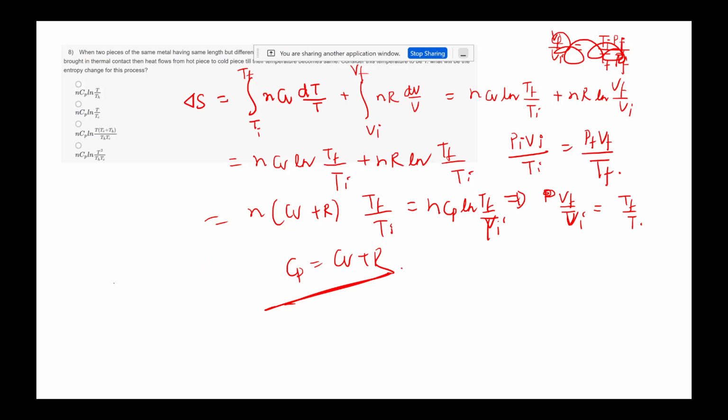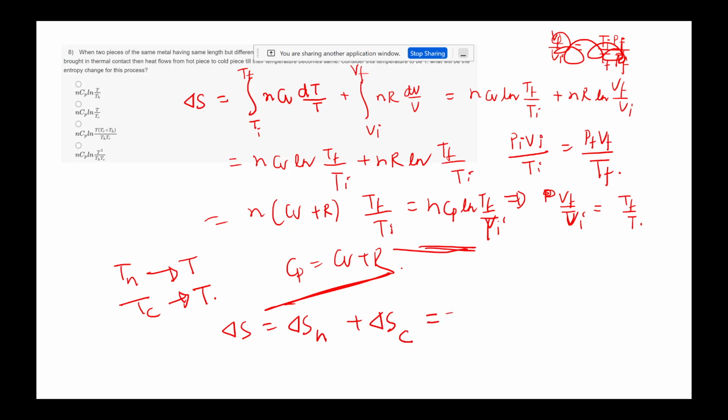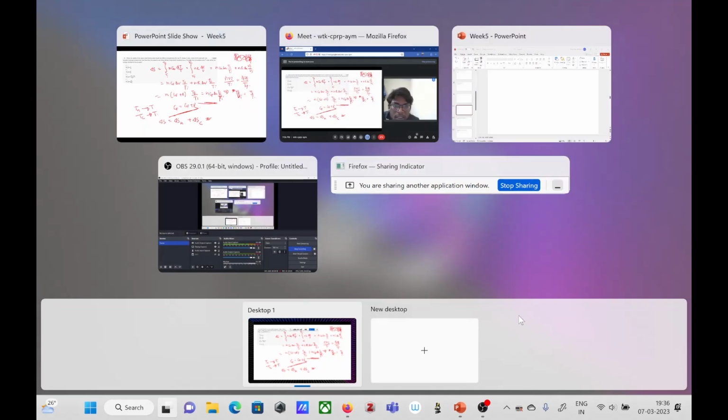One is hot, so TH to T, and TC to T. So these whole expressions will be for two things. So then delta S will be delta S hot plus delta S cold. Okay, let me add one page and write it nice and clean.